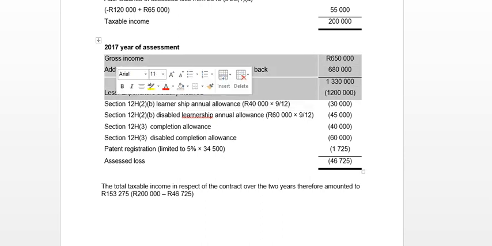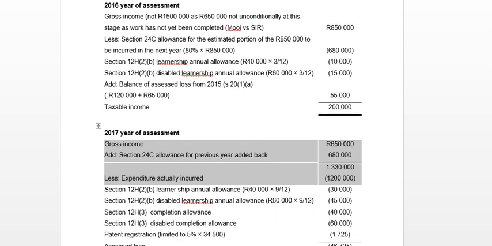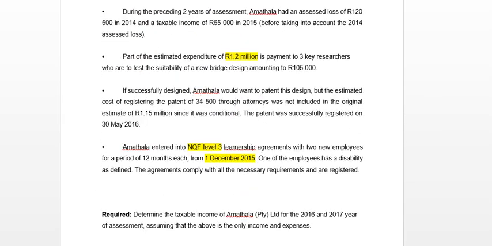So the difference between these two is the section 24C, when in the previous year we estimated the portion of the 850,000 Rand, and then that we could have added back to the next year of assessment, or 2017 year of assessment. Okay, so that's that one.